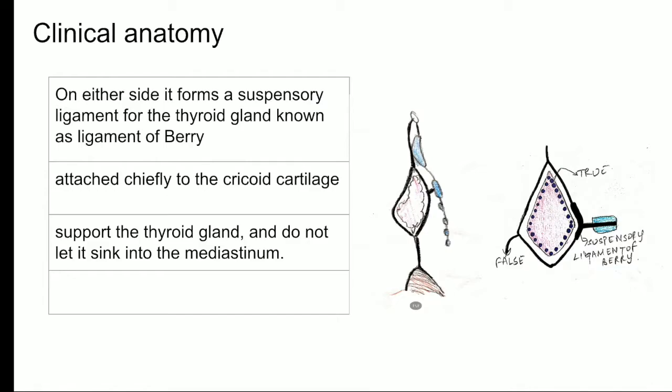So it is attached chiefly to the cricoid cartilage and supports the thyroid gland and does not let it sink into the mediastinum. Okay, so as it's coming downward, on the posterior aspect of the thyroid gland, there's a thickening which attaches it to the cricoid cartilage, known as the suspensory ligament of Berry, which supports the thyroid gland and does not let it sink into the mediastinum.